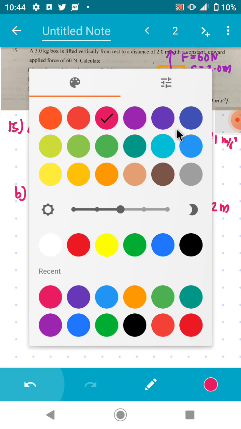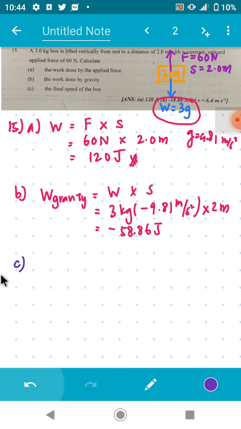What about question C? The final speed of the box. You need to find the acceleration first. F equals ma. The resultant force should be F minus W equals ma.